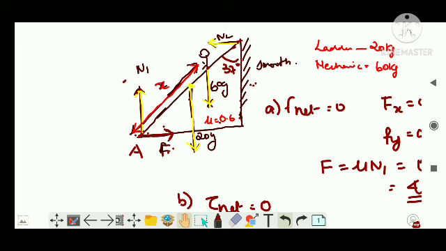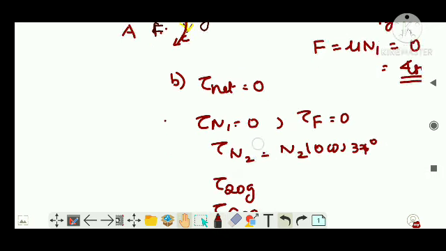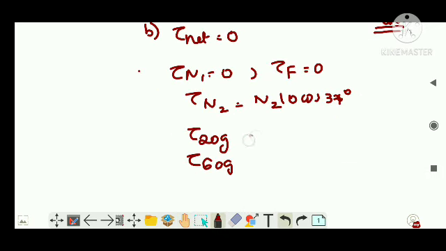If this angle is 37 degree, then this angle will be 53 degree. So the perpendicular distance is 5 cos 53 degree. This force is causing motion in the clockwise direction, so I will take it as negative. For 20G I will write minus 20G into 5 cos 53 degree.